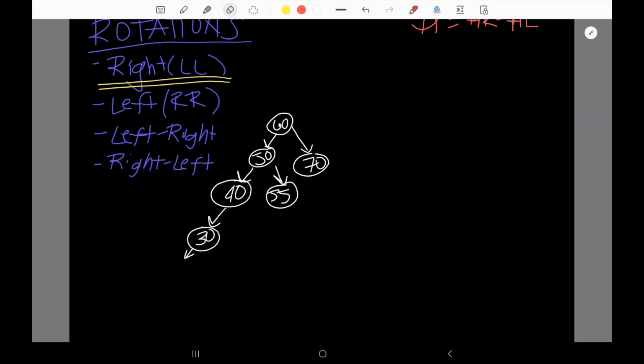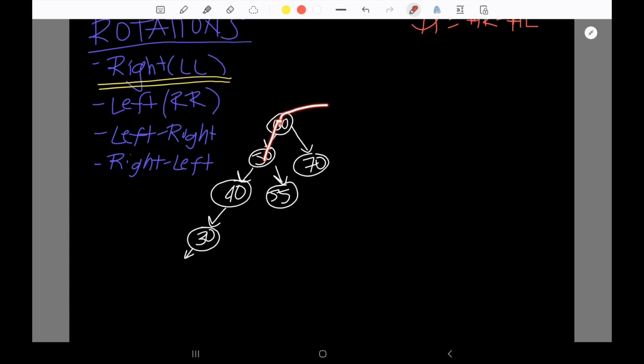Okay, we have an example here for right rotation or left left. Let's say we input 20 here. So we're gonna find where to put 20. Is 20 greater than or less than 60? Less than, so we'll go to the left.